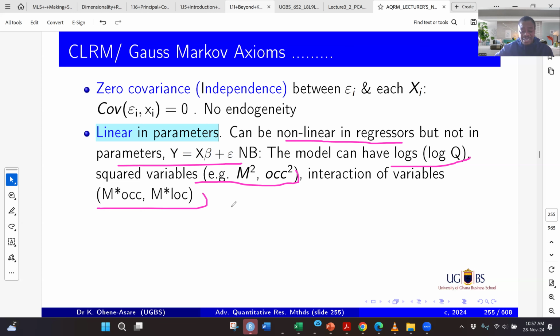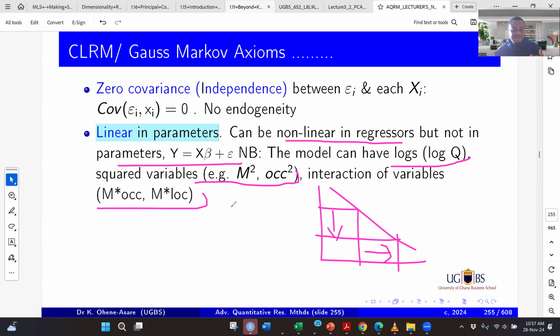So the line is linear. As you draw a line like this, as the price falls here, the quantity will rise there. So as the price is falling, quantity is rising. So there's a linear link.